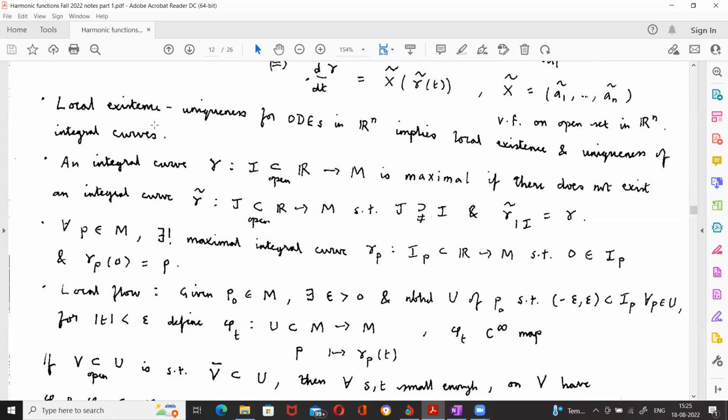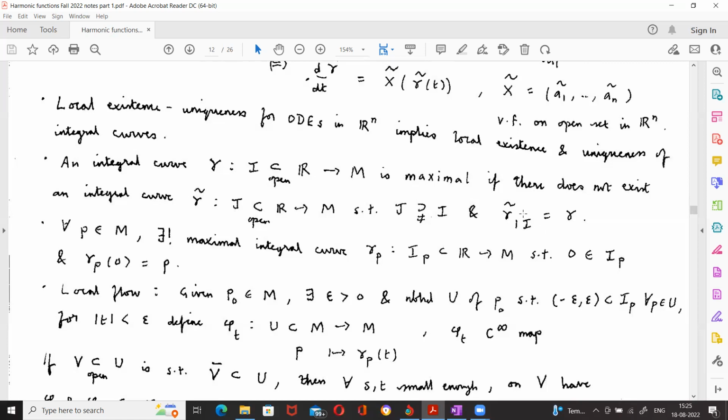But what we can always do is construct what's called maximal integral curves. So suppose we have an integral curve gamma on an open interval I mapping into M. We'll say that this is maximal if there does not exist an integral curve gamma tilde on an open interval J such that J strictly contains I and gamma tilde restricted to I is equal to gamma.